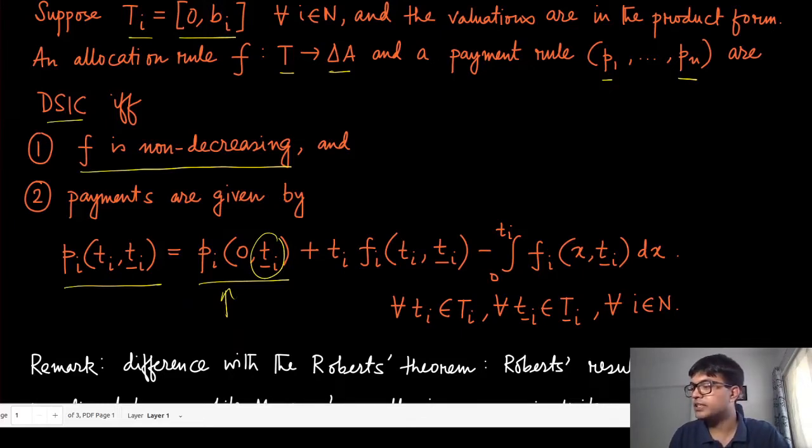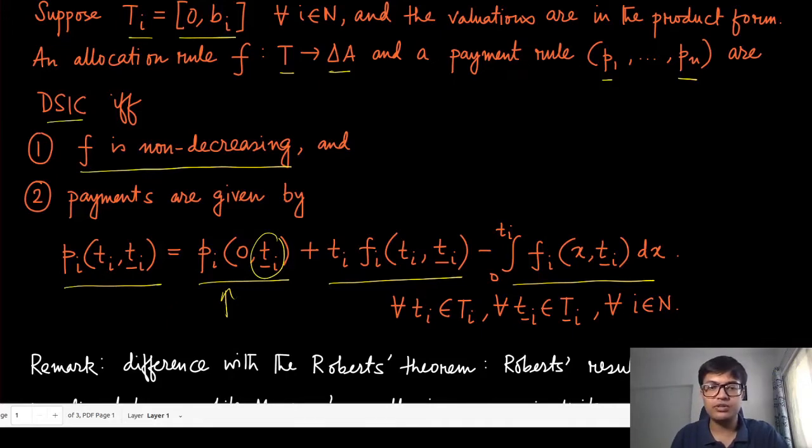The second part is its value, t_i times the probability with which it gets the object. In the product form, this is the value of that agent for this object. But then there is this negative integral, integrating between 0 and t_i the probability of allocation of that agent. We will see the implications of this integral formula when we discuss examples and prove this result. But at this point, it is just this integral formula.